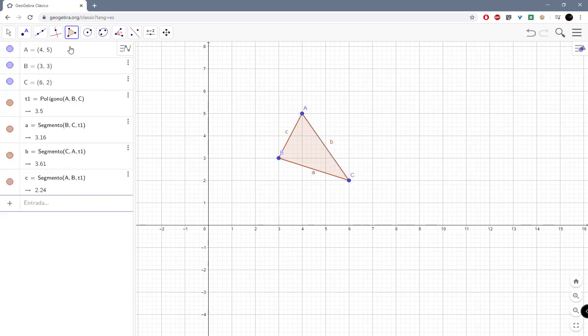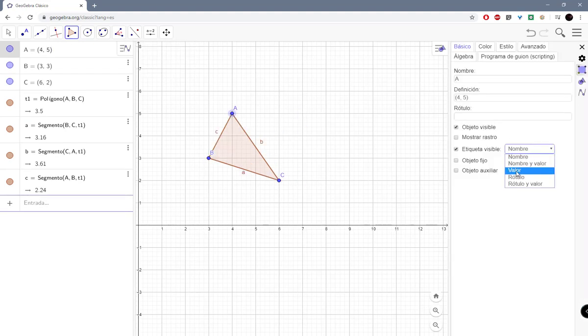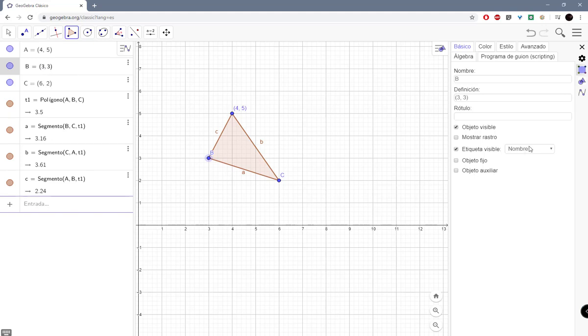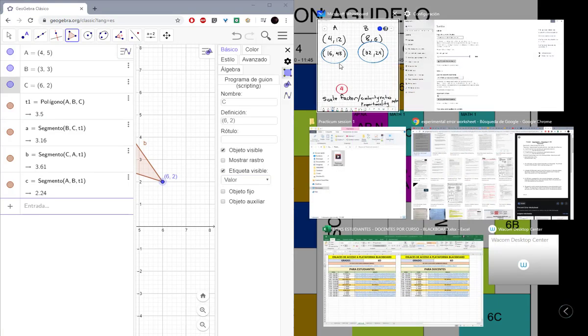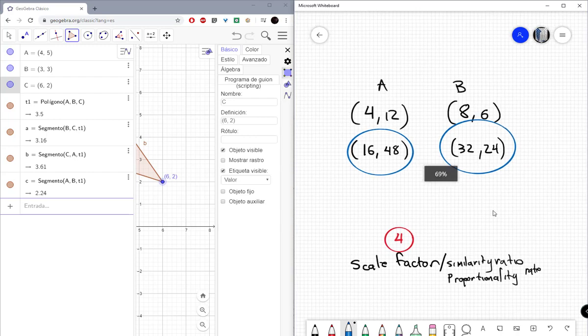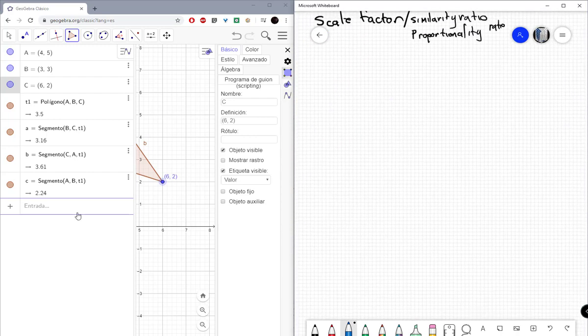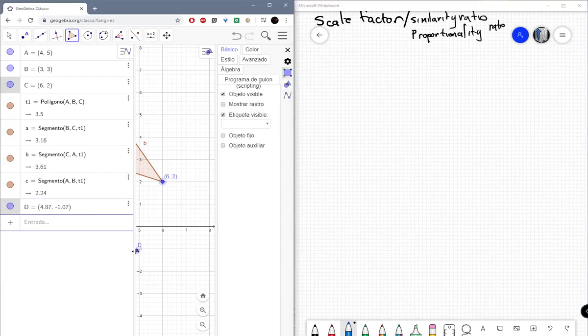Yes, and I am going to do it also. Here you have the coordinates. So let's do it again. In this case, I am going to select another scale factor.